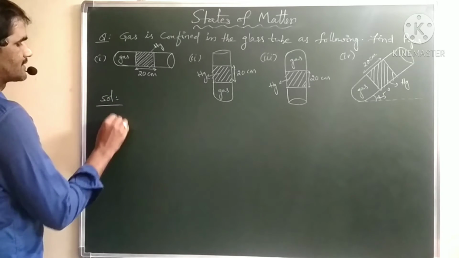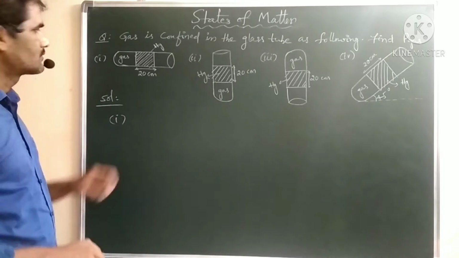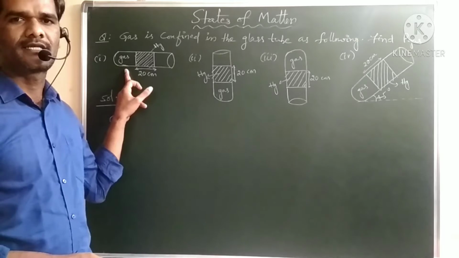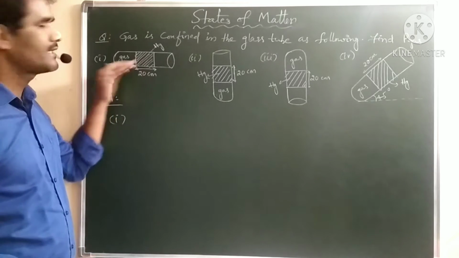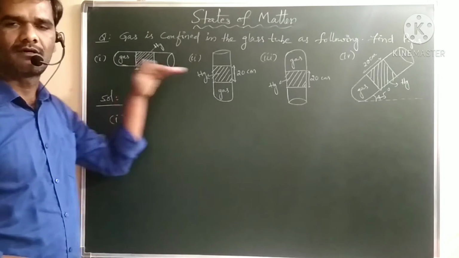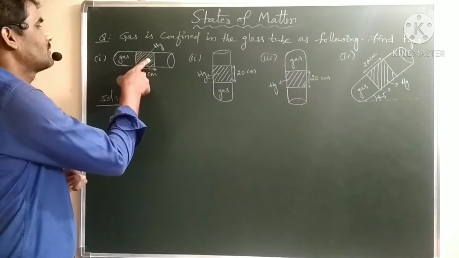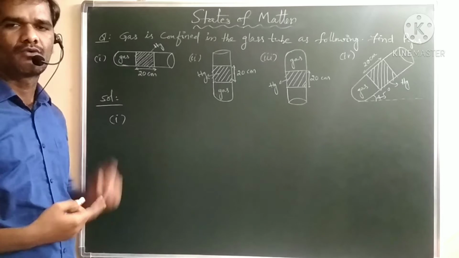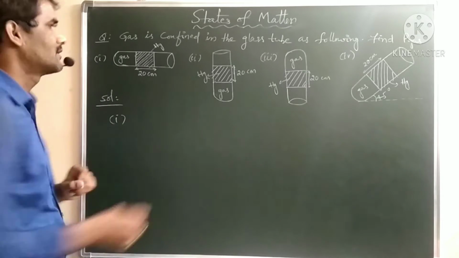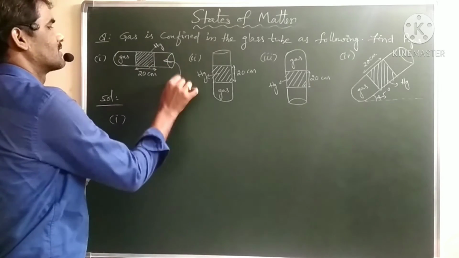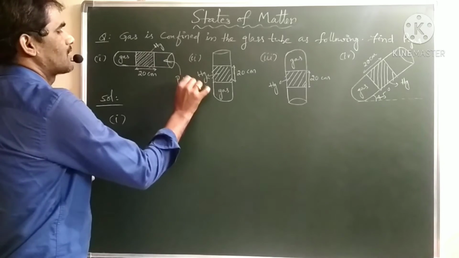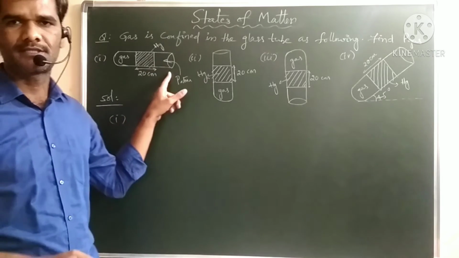Here, the first case. What pressure will act on the gas? Here the mercury and the gas are present in a horizontal line, so there is no force of mercury acting on the gas. Only one kind of force can act, that is atmospheric pressure, because the glass tube is open.